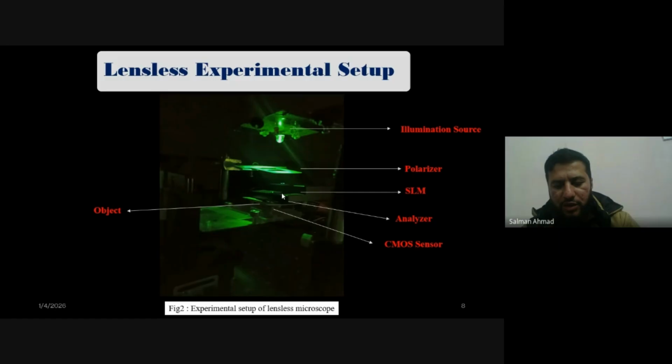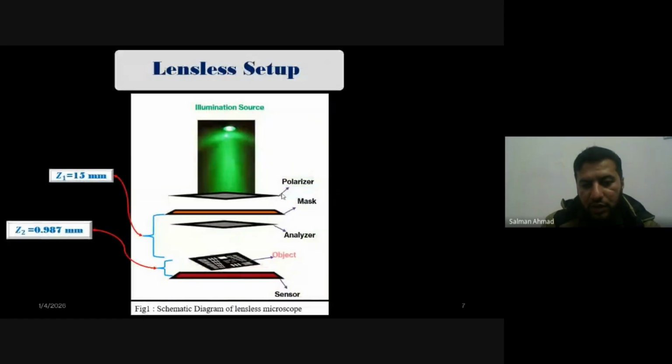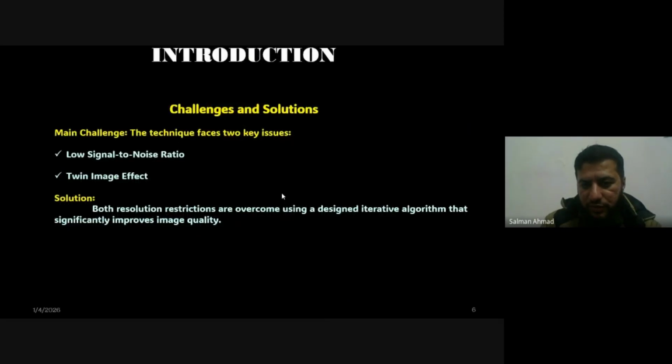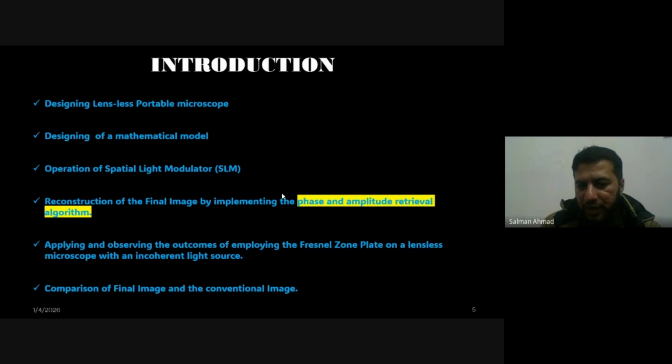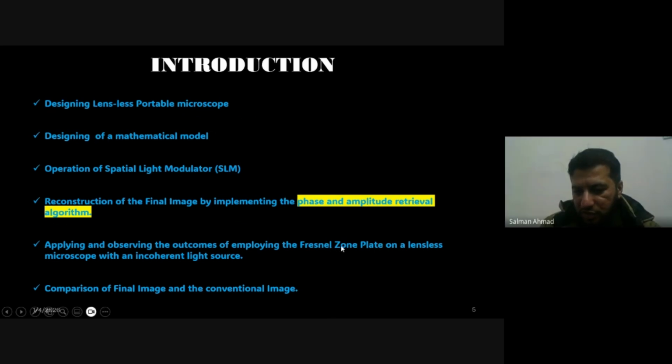In normal cases, we go to a shop and bring a lens from there, to fall light on that lens and change that light into something else. Like I use the Fresnel zone plate.